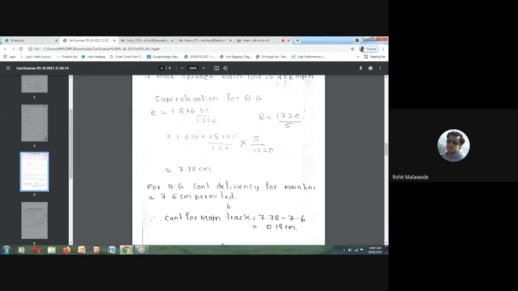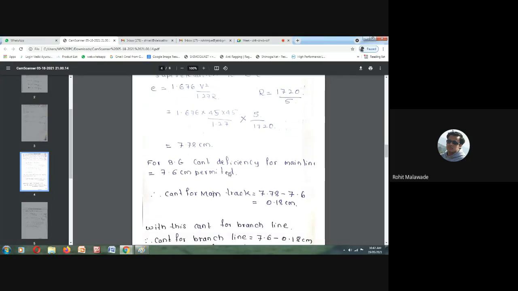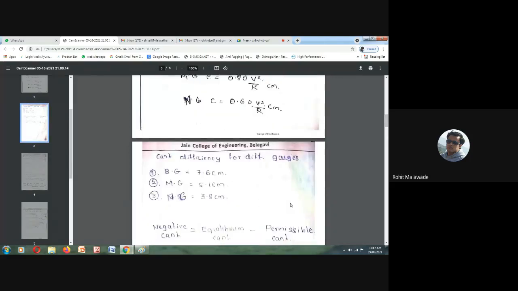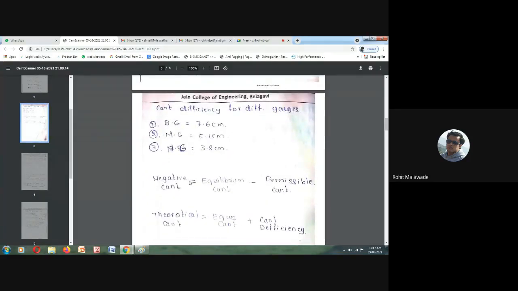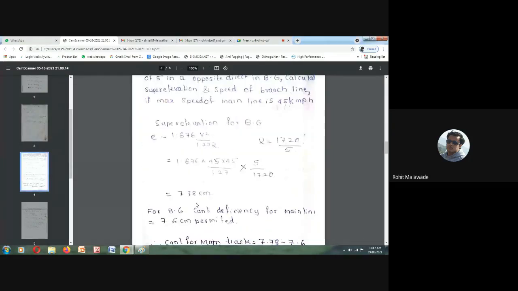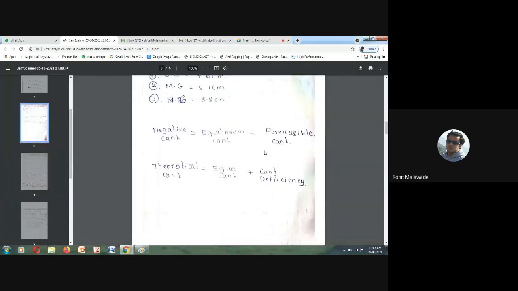Now, what have they told? They have told that the maximum cant deficiency that is going to be provided for a main line is 7.6. So here is the formula I can use: the negative cant is equal to the equilibrium cant, which I have already calculated, that is 7.78 centimeter, minus the permissible cant.